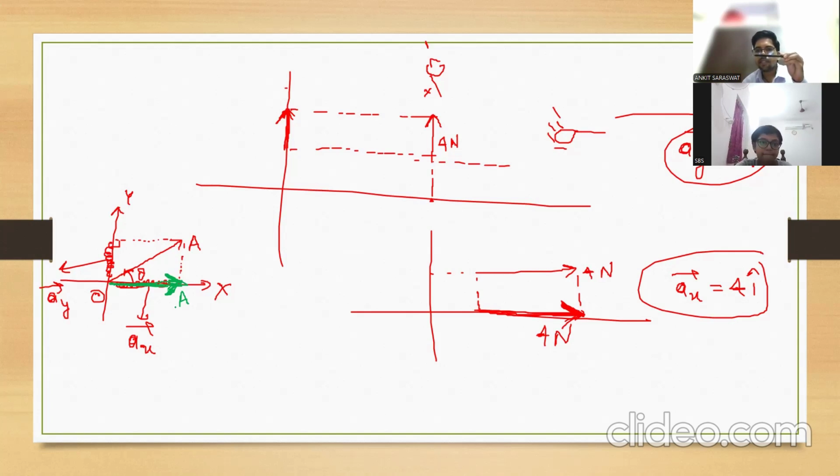If theta is 90, then this vector will be like this. If theta is 0, this OA vector will be like this. Clear?